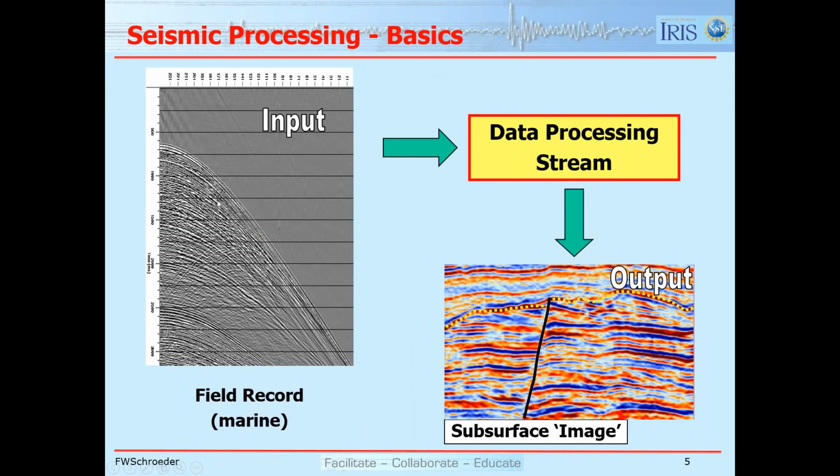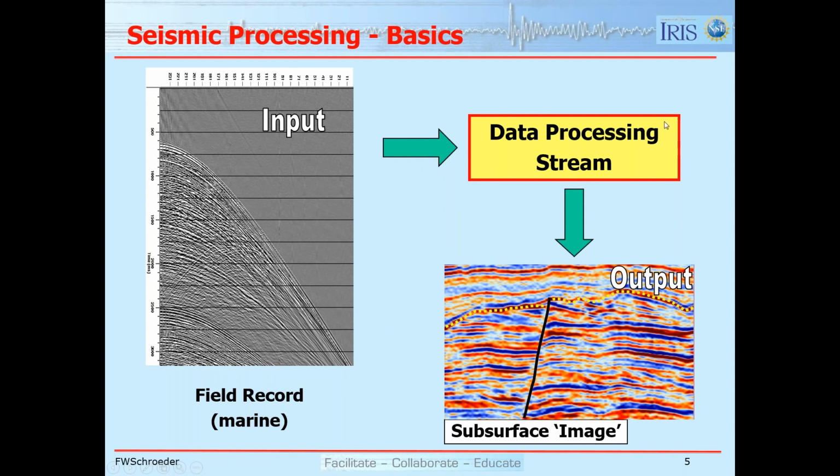So with processing, we start with our field records, the raw data. This is a marine data set, and you can see the hyperbolic reflections. Those are the reflected energy. That forms our input to the processing stage.